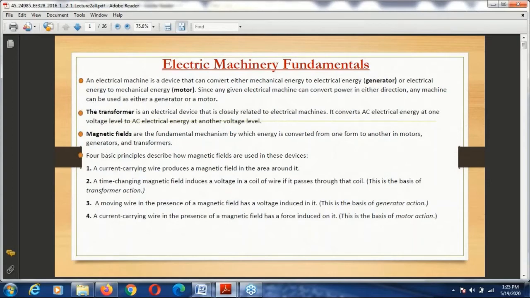And we know the definition of force. I was teaching mechanical engineering just now, and I said that force is mass times acceleration. We also have electrical force, just as we have electrical power and mechanical power. So a magnetic field, I've explained to you, is a region where a magnetic force can be felt.